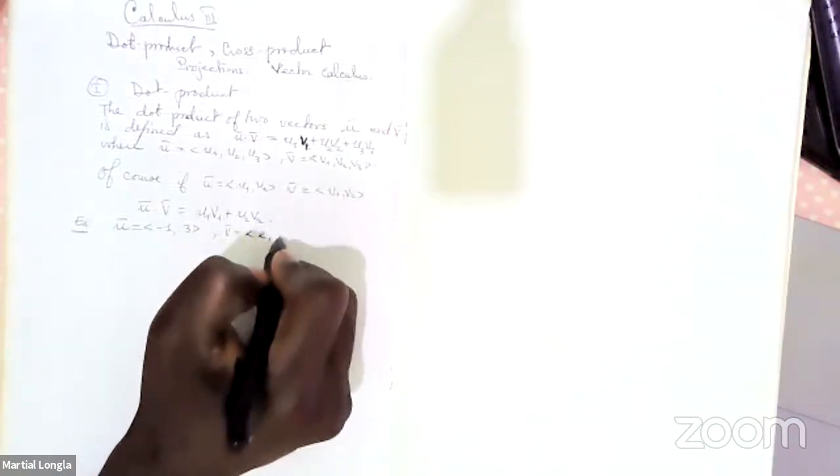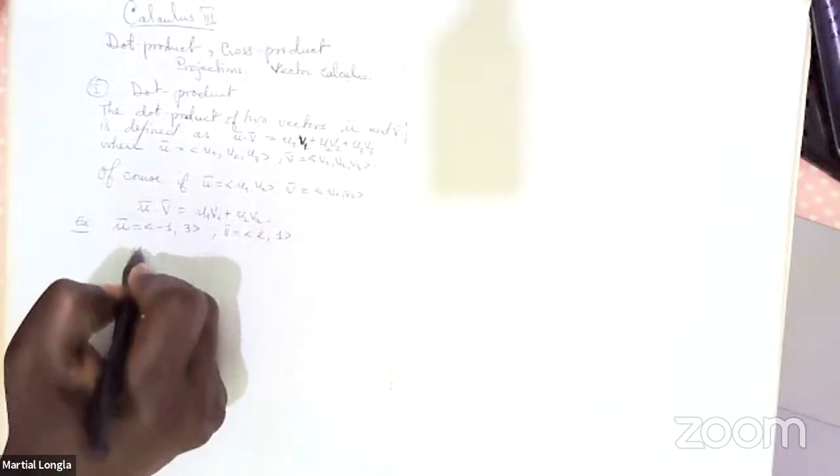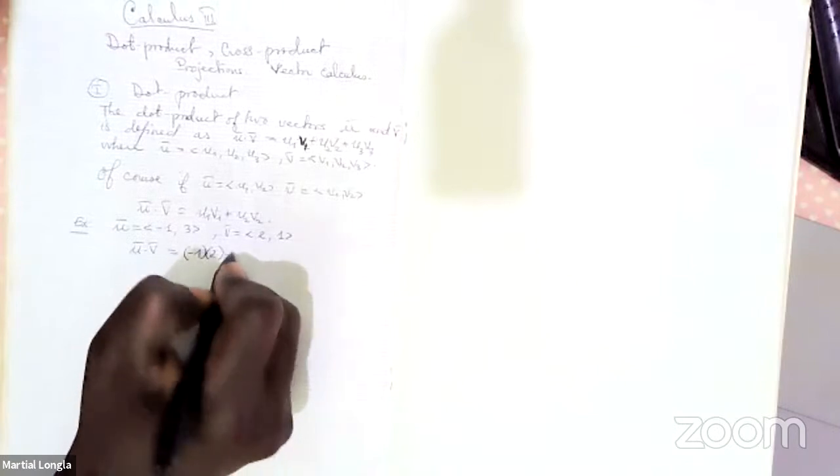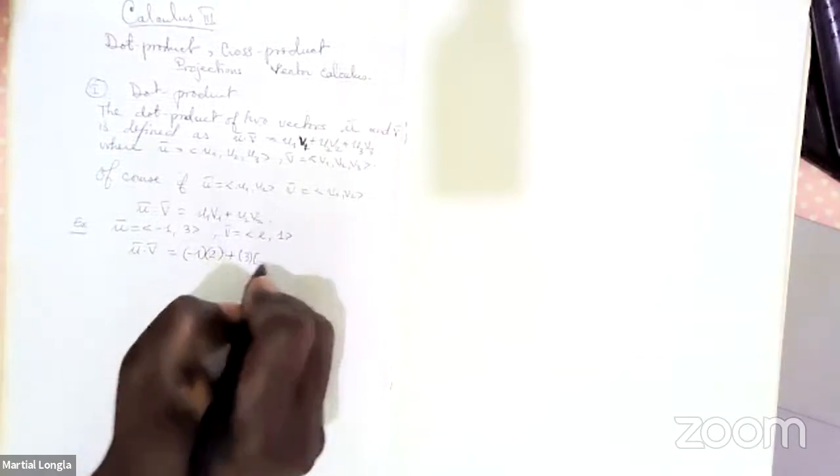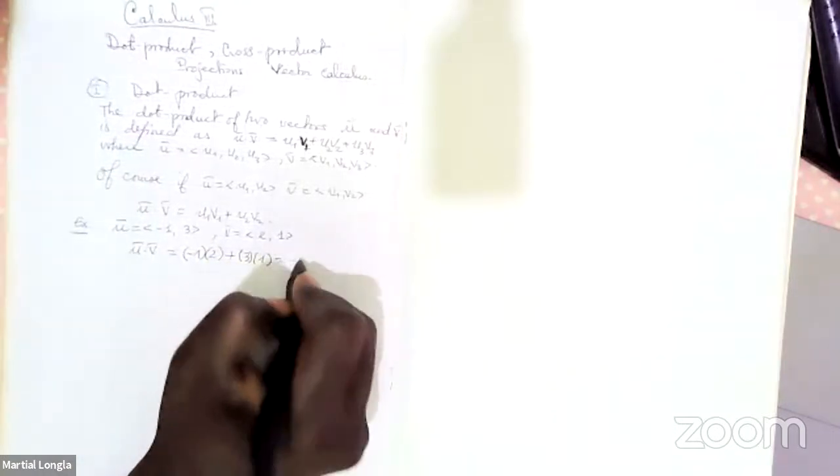Example, if you have u equals (-1, 3) and v equals (2, 1), then u dot v is nothing but -1 times 2 plus 3 times 1, which is -2 plus 3 equals 1.